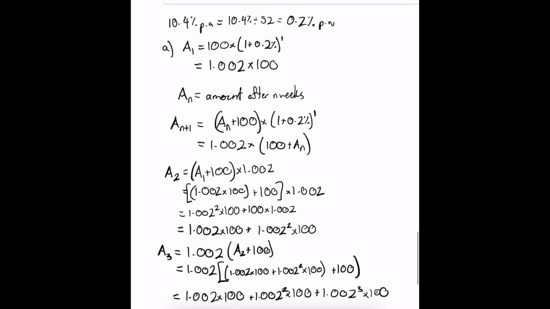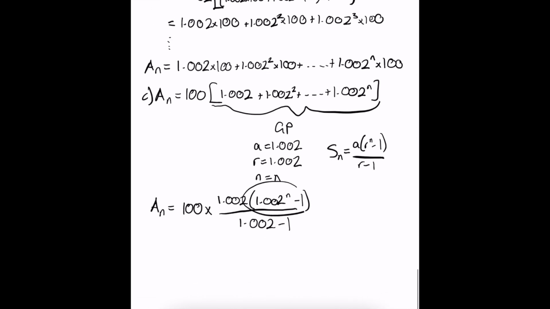We need to prove that it's equal to this expression here. And what I want you to notice is that this 1.002 to the n minus 1 is equivalent to what we have over here.